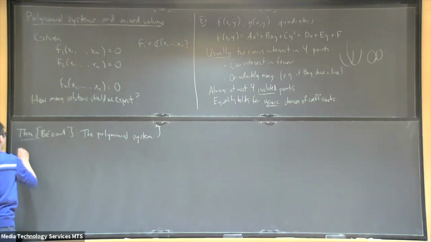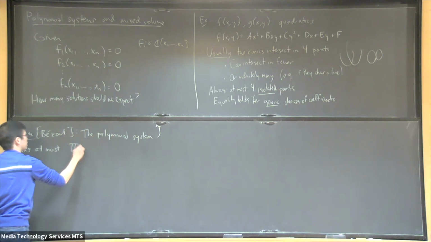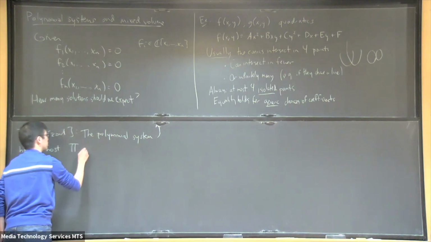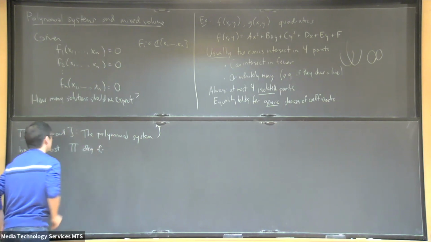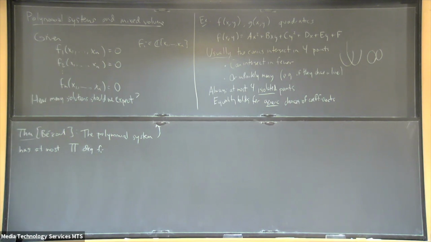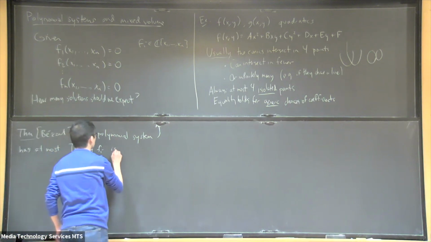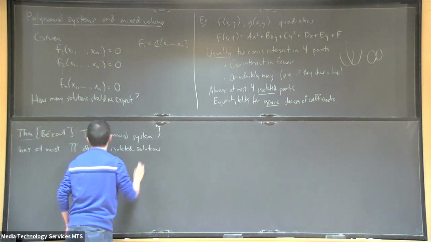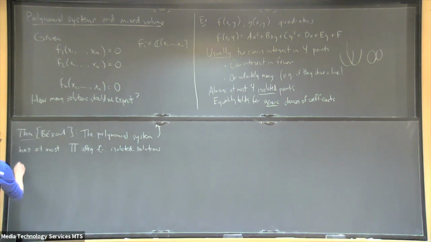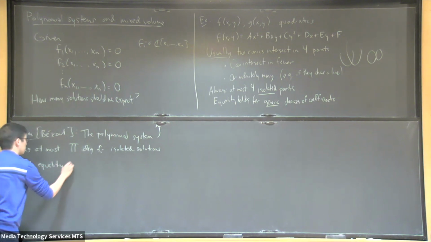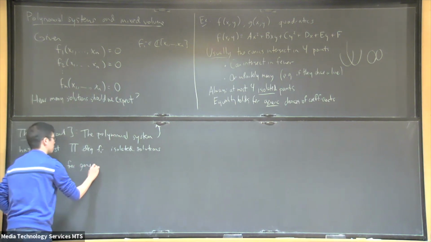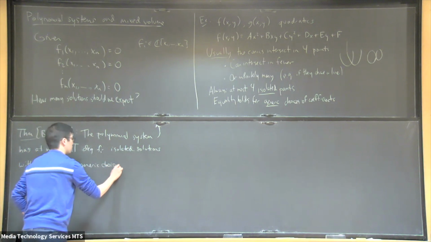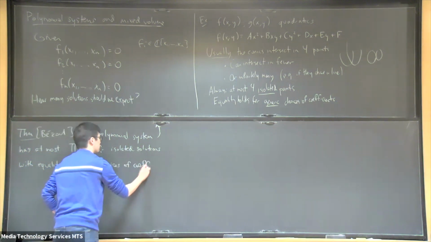So this polynomial system that I've written up there has at most the product of the degrees of the f_i isolated solutions, with equality for generic choices of coefficients.